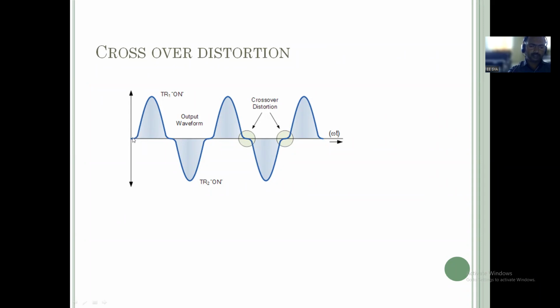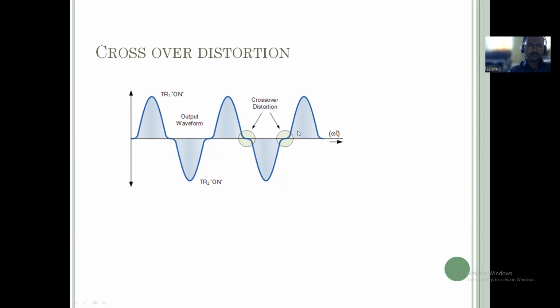So it is crossover distortion. As the signal increases, during this period there is no signal. When it increases and again reduces to 0, that is, increasing from 0 upward or decreasing towards 0, in that portion there should not be any output. This is called crossover distortion.